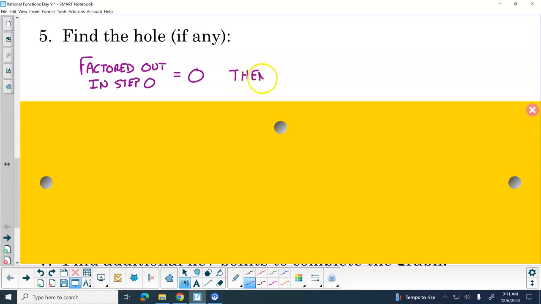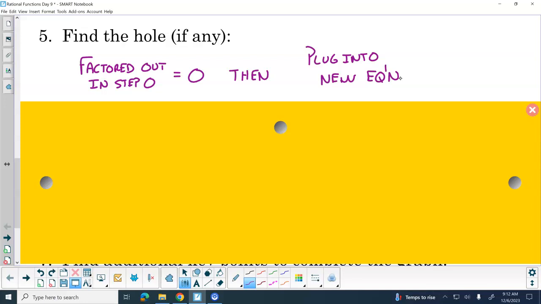Then do what with that? After I set it equal to 0 and I solve it, what do I do with it? And that gets me the y part of my hole, right? So if I factor something out in the first step, plug that in.